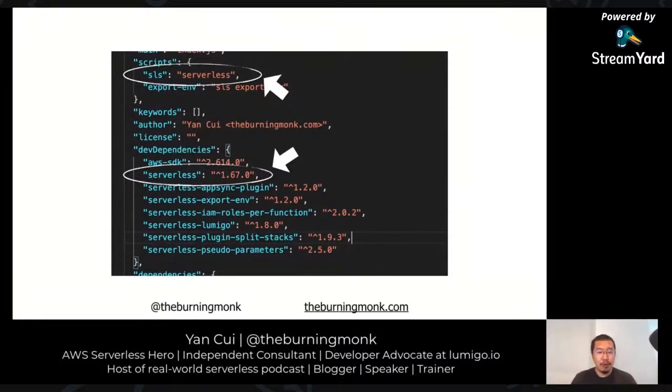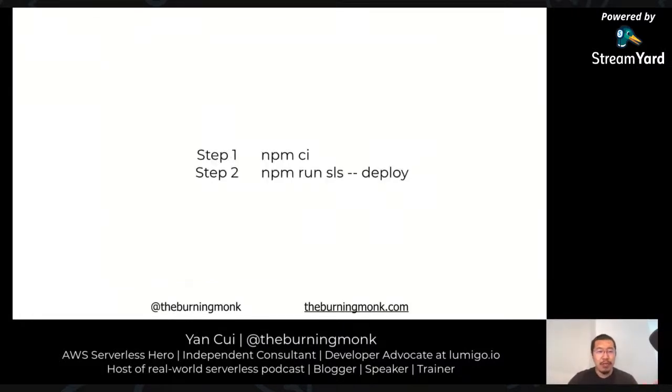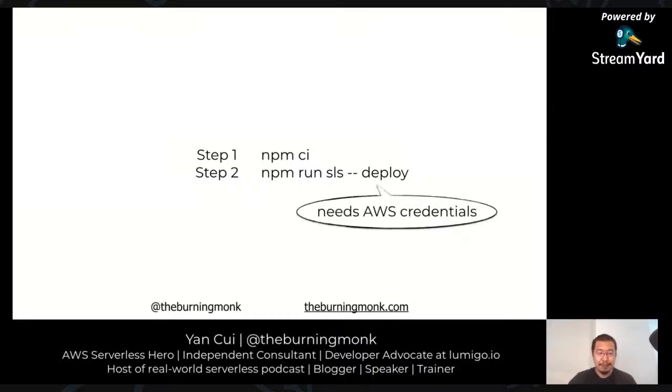And I can add a helper script in my package.json so that when I want to deploy from the CI server, it's literally a two-step thing: run npm ci, which restores my dependencies to the exact version that they were specified in the package.json, and then run npm run sls, passing in deploy as the command, to trigger deployment using the version of the Serverless framework that's been installed in the project.